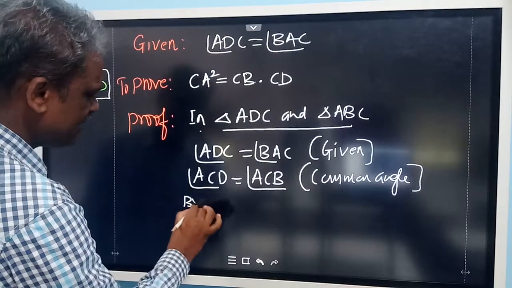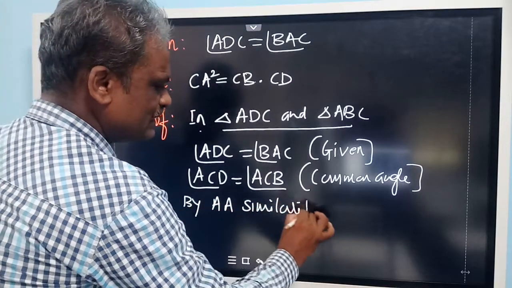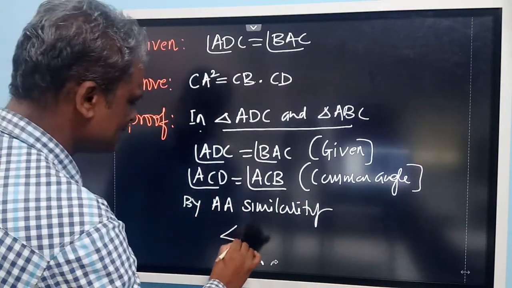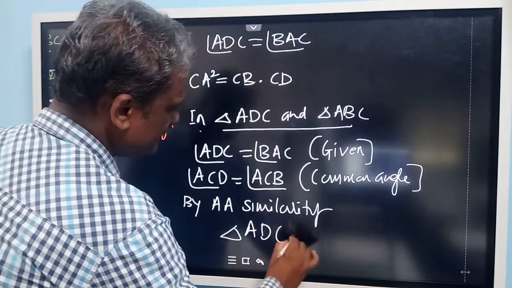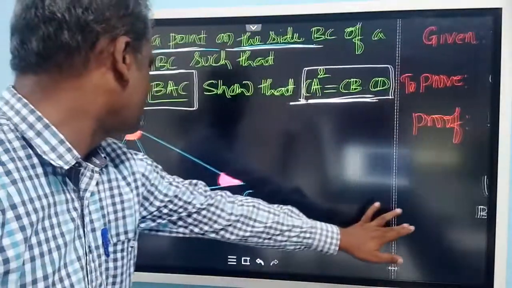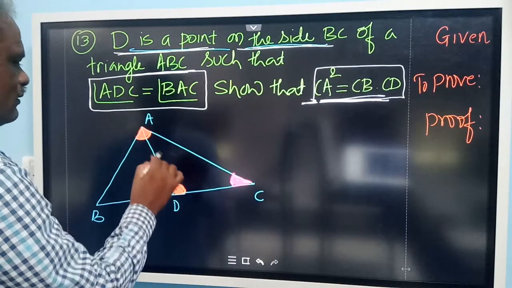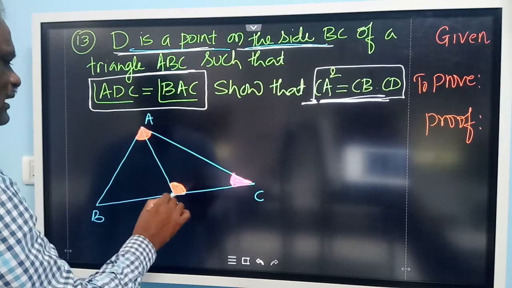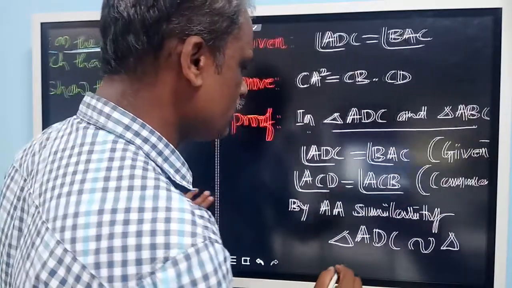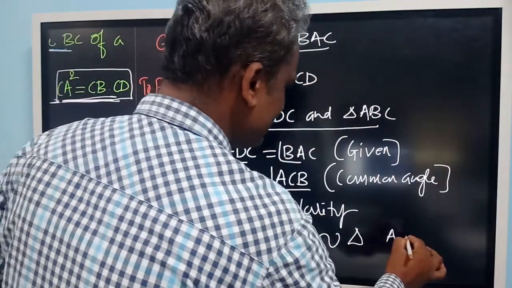So therefore, by AA similarity, once two angles are equal, you use this AA similarity. I can write triangle ADC is similar to, this is very important. While writing, you have to write in a proper order. In ADC, for angle D it is A. For C it is C only.